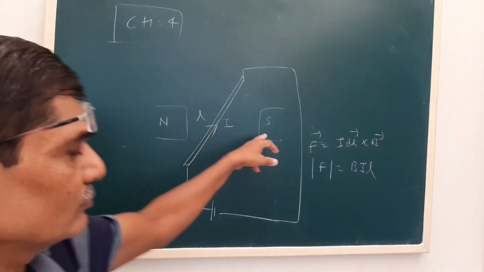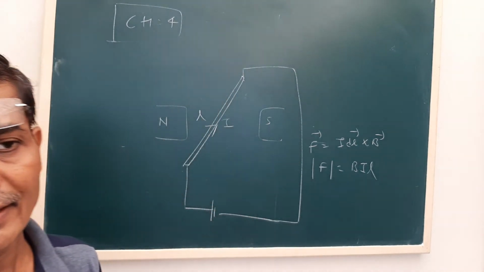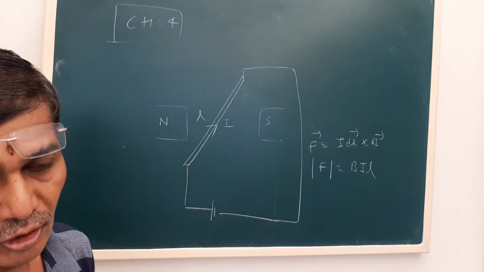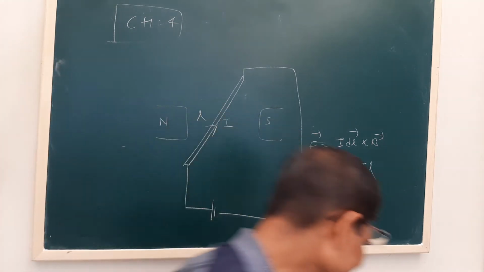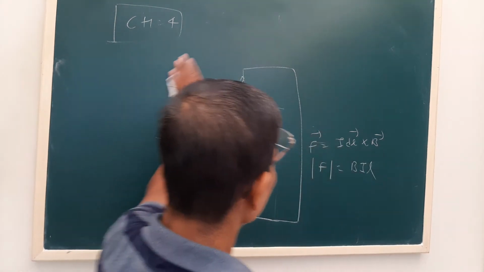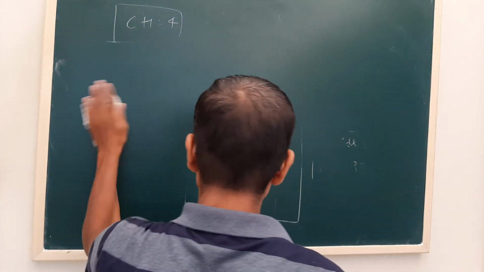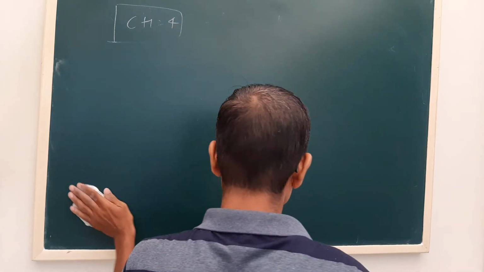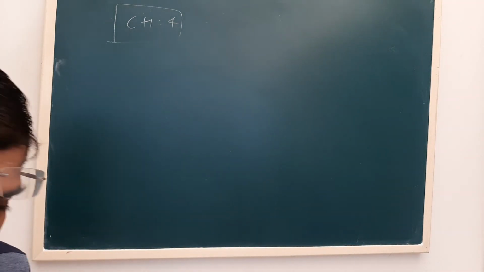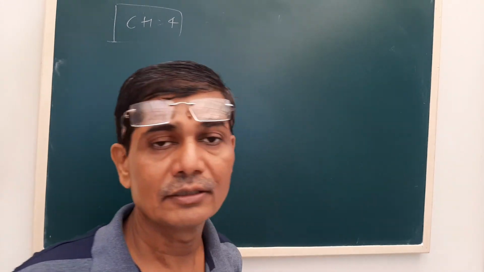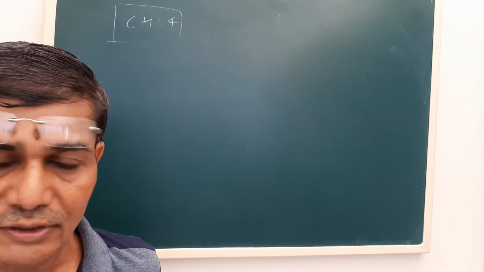Here the magnetic field was due to a bar magnet or a horseshoe magnet, or a U-shaped magnet. But here we assume that one conductor produces a magnetic field and another conductor is placed in the region of the magnetic field of the first conductor.